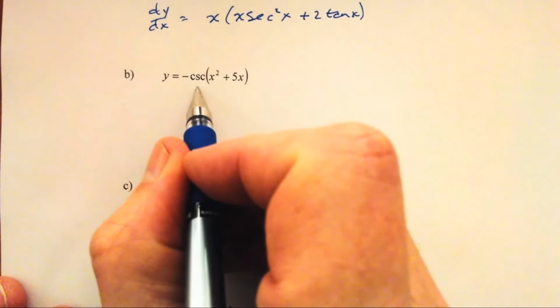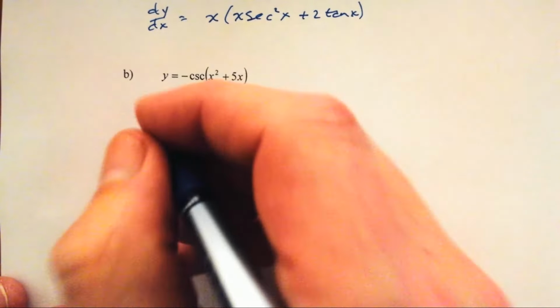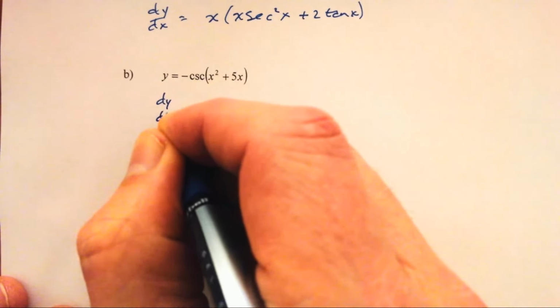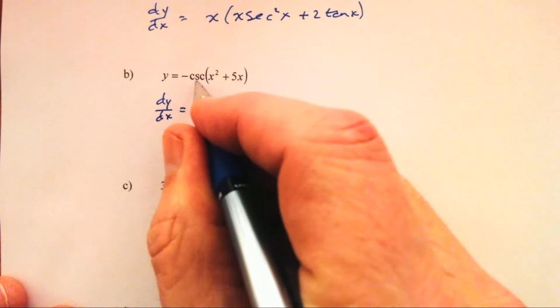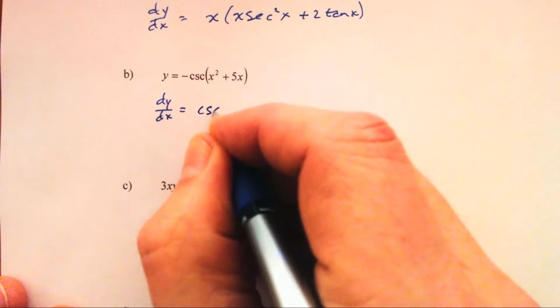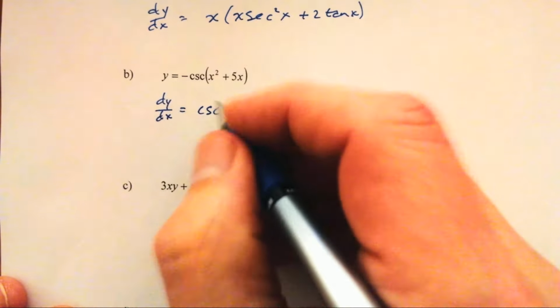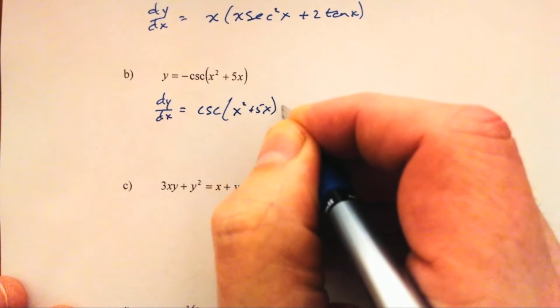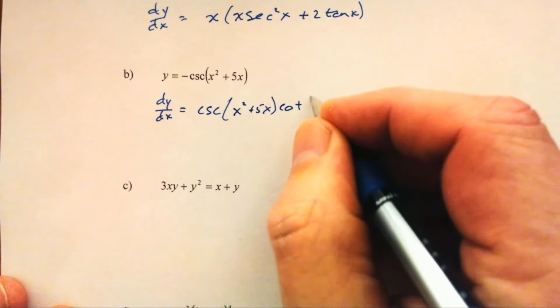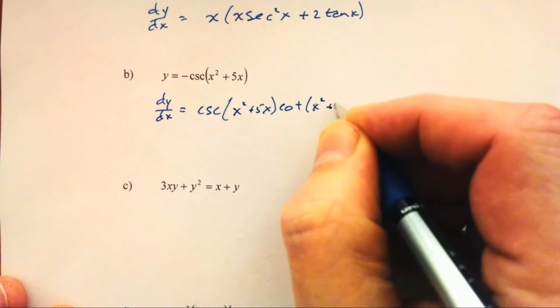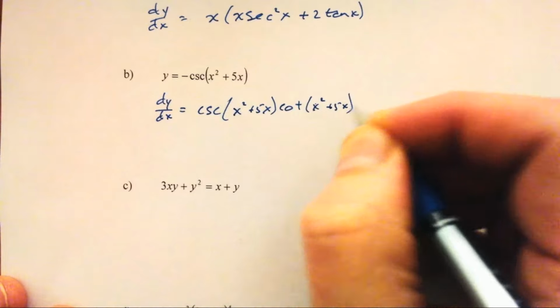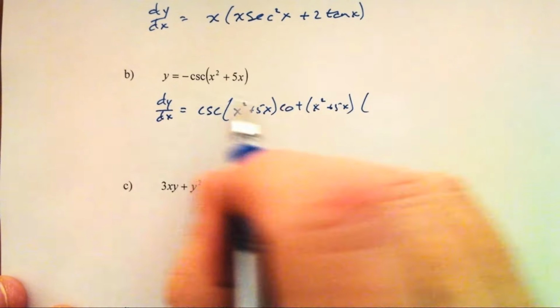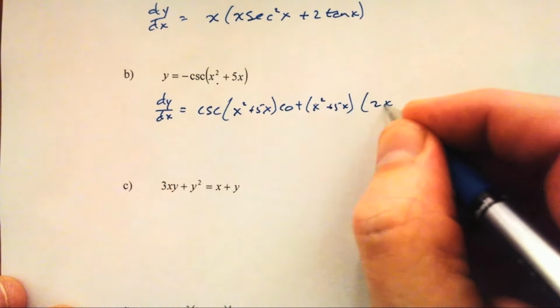Well, this is simple too if we remember cosecant's rule for derivative, dy dx. Cosecant's derivative starts out as just the opposite of cosecant, so that becomes positive cosecant, counters that negative. Leave the baby function alone, times cotangent, leave the baby function alone, and then outside of those parentheses, multiply by the derivative of the baby, 2x plus 5.